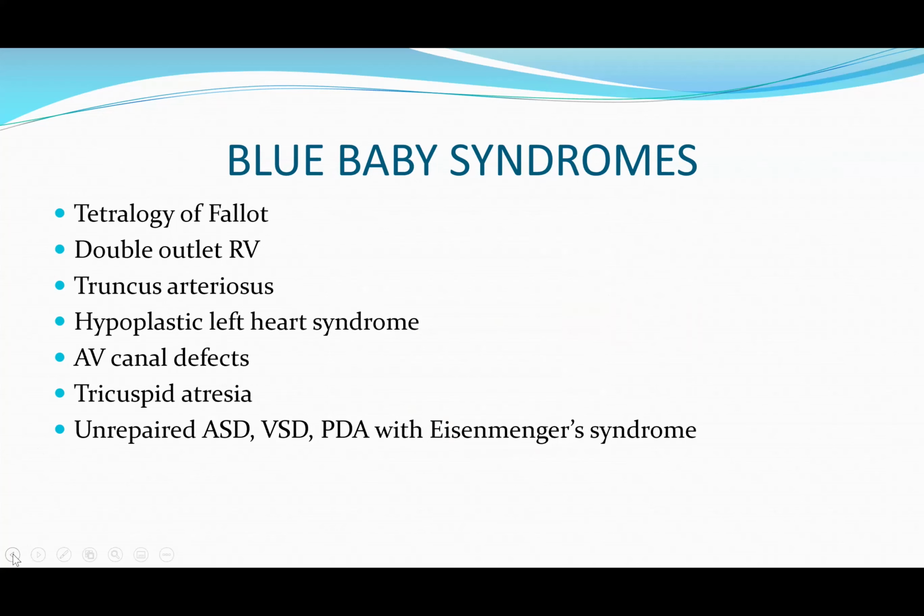Then the double outlet right ventricle, what happens in these patients is both the great arteries, the aorta and the pulmonary artery, are sitting on top of the right ventricle. And this patient also has a VSD.